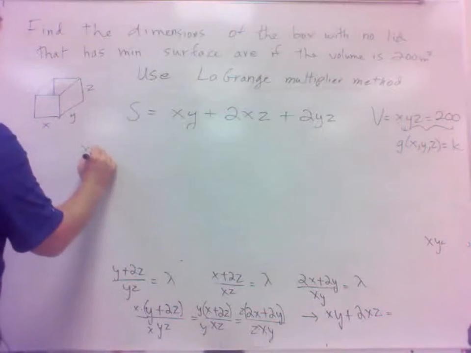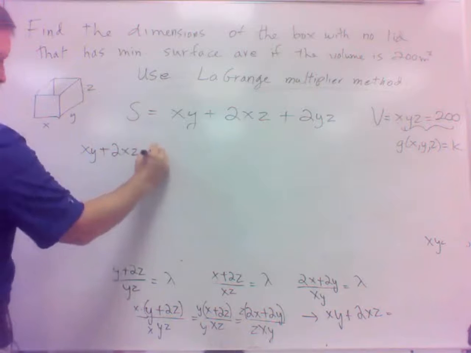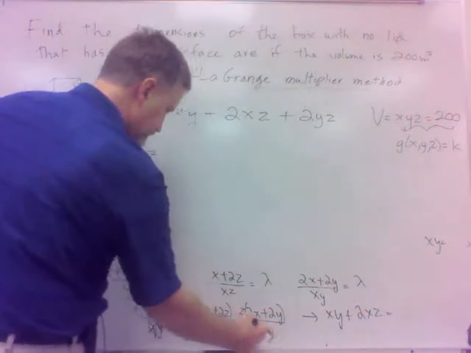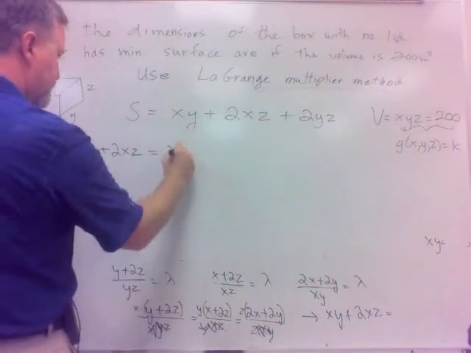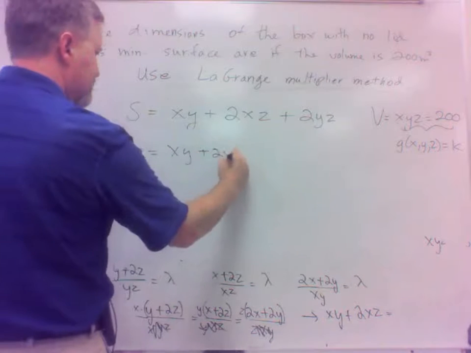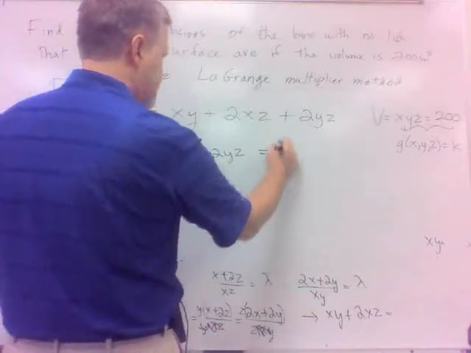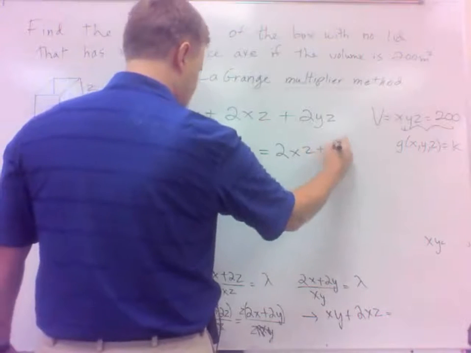So we have xy plus 2xz equals, so these are all gone, xy plus 2yz equals 2xz plus 2yz.